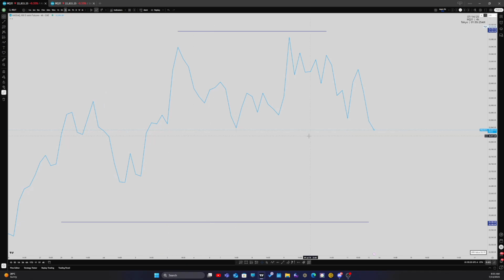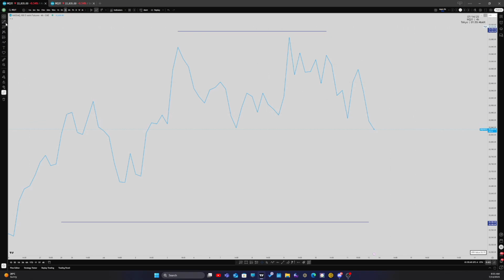So if you want to have relevant levels of liquidity, relevant levels of support and resistance, switch to the line chart and see the peaks and troughs where price has touched most often.